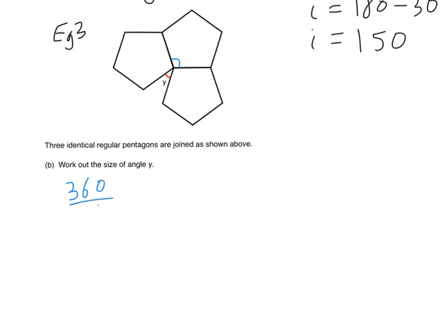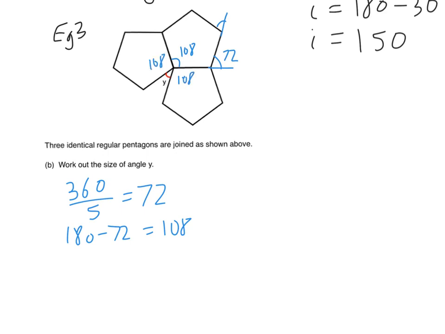If I divide that by the number of sides in the shape, which is 5, I would get 360 divided by 5, 72. So what does that tell me? That tells me on the outside, these angles, they're 72. So the inside would be 180 minus the 72, which gives you 108 degrees. So 108 degrees, and that would be for each of those pentagons.